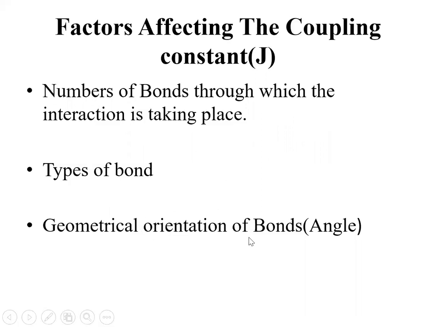The third one is the geometrical orientation of bonds. In molecules, the orientation of the bonds decides the value of J, and the geometric orientation of the bond can be measured or calculated using the bond angle or dihedral angle.